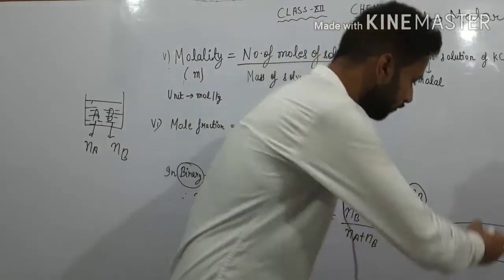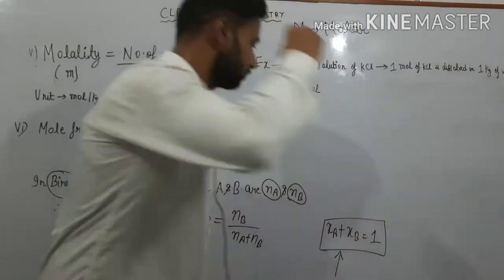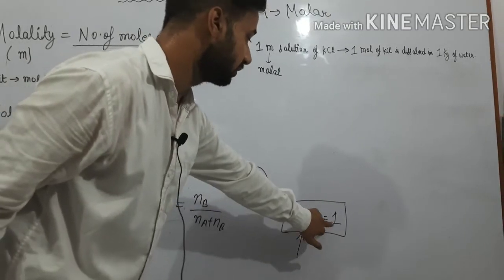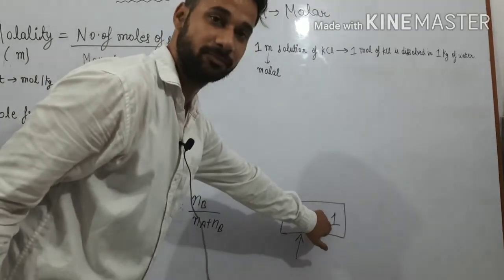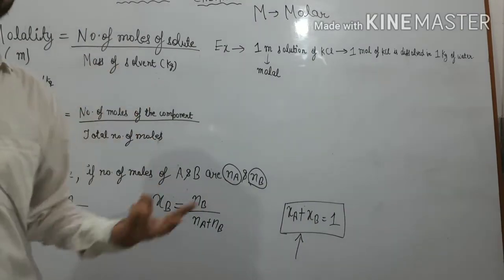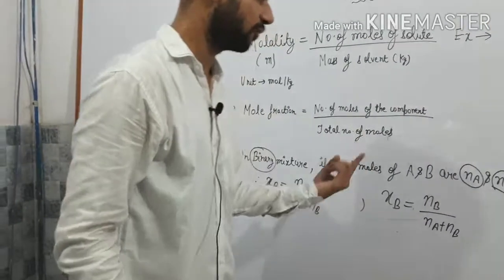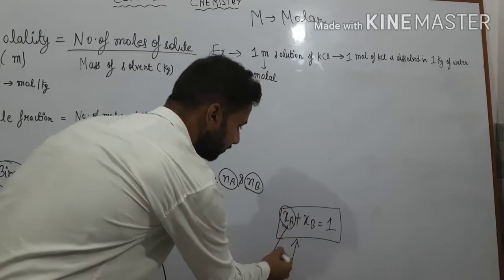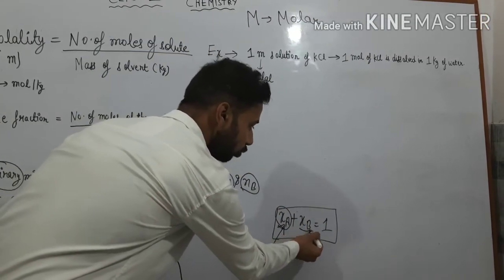There is also one more formula we have to remember: if we add both the mole fractions, the sum will become 1. So in numericals, if we have to find the mole fraction of both components, you can find the mole fraction of one component like A, and you will automatically get the other one.